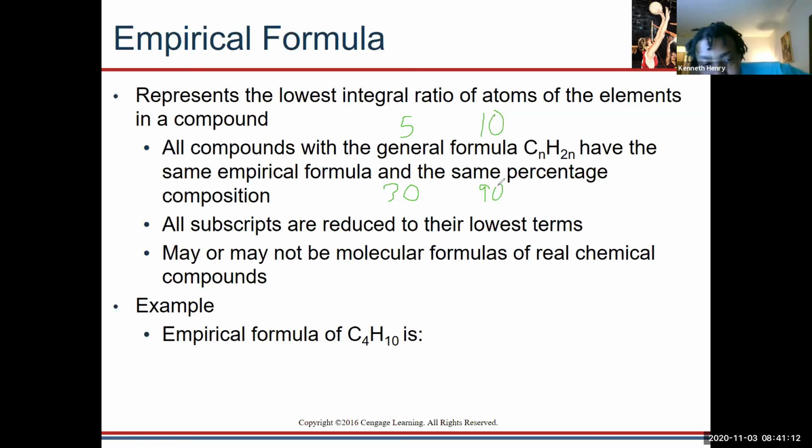So now when we're talking about the empirical formula, what we want to do is find the lowest common denominator, what we can divide both of the numbers into to get us a whole number to the lowest possible form. Let me give you an example. We have C4H10.